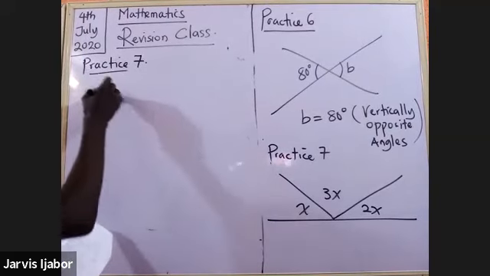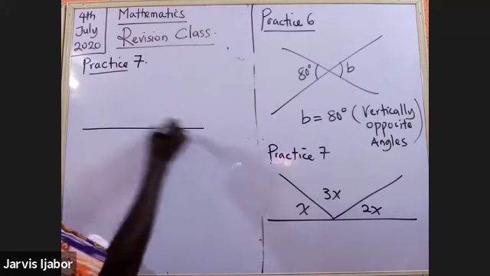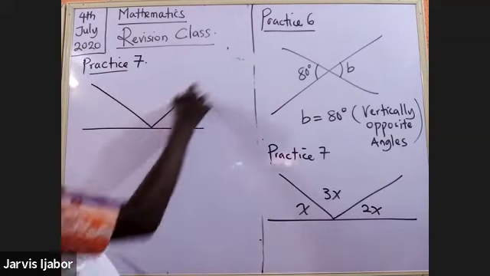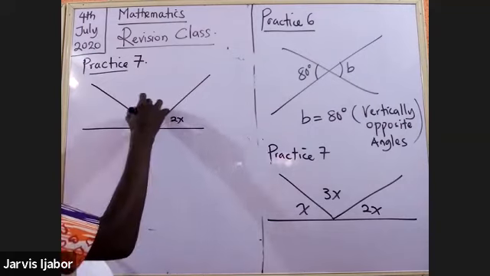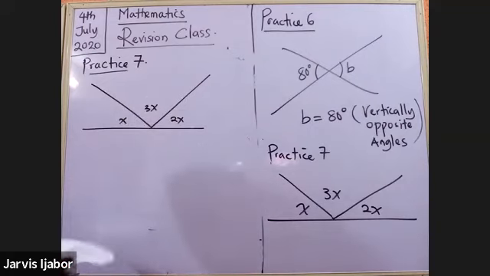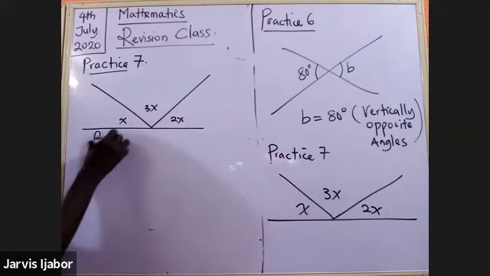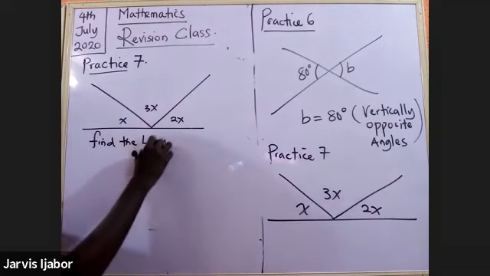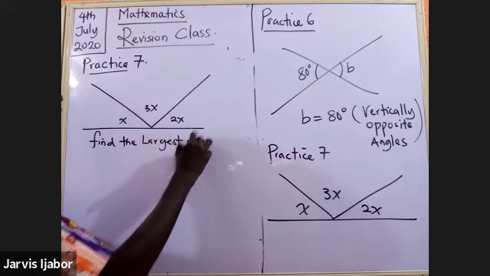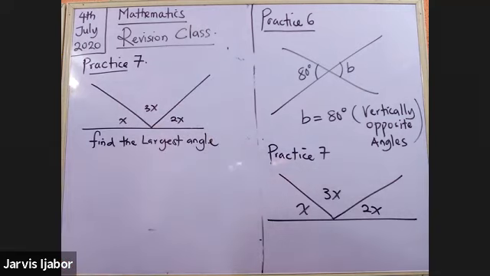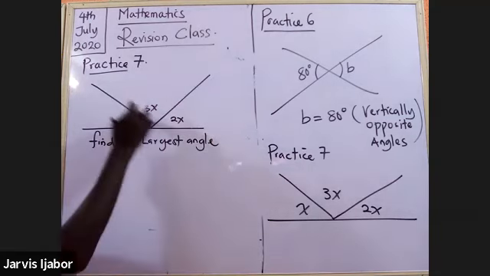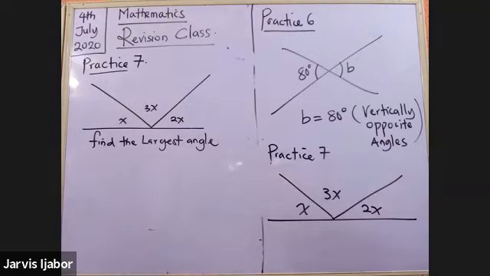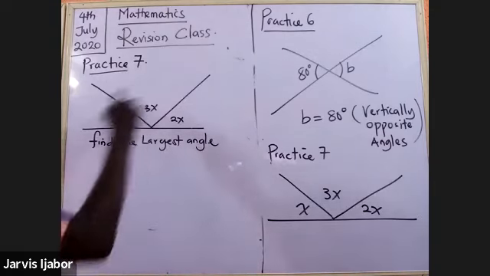Practice 7. We are told to find, it says find the largest angle. Now from this arrangement, the largest angle is going to be 3x.